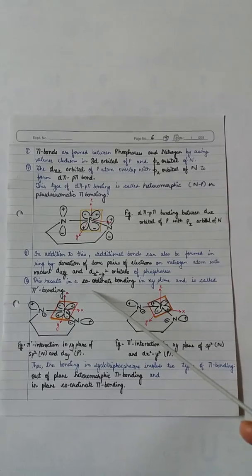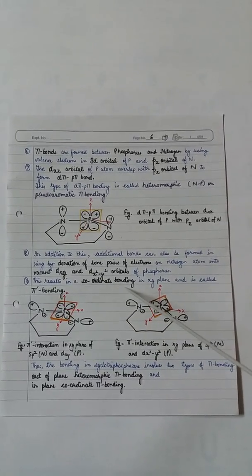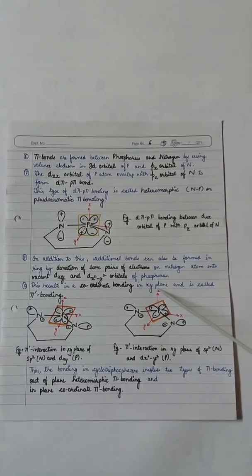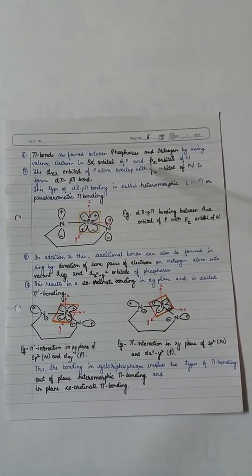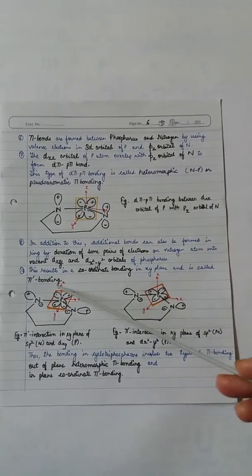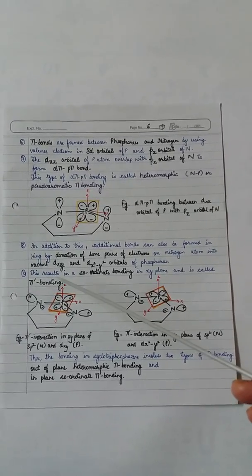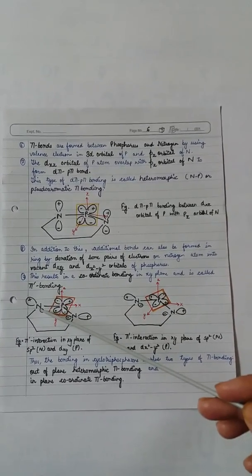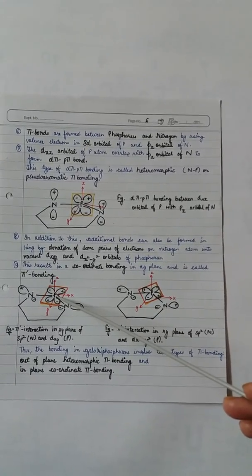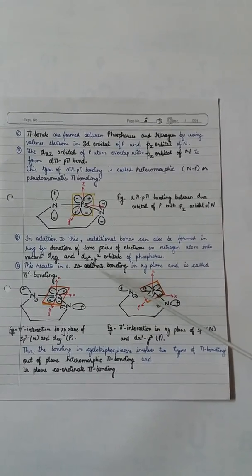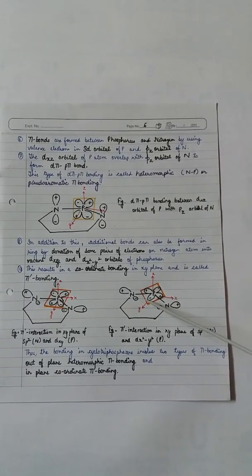So these lone pairs will be donated to either dxy or dx square minus y square. This will result in the formation of a coordinate bond in the xy plane and is called pi dash bonding. This one was the pi bonding, and this one is known as the pi dash bonding, which is formed due to the donation of the lone pair of the nitrogen atom to either the dxy orbital of phosphorus or the dx square minus y square orbital of phosphorus.